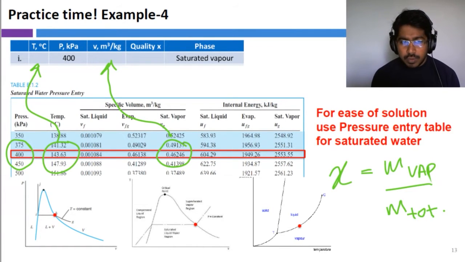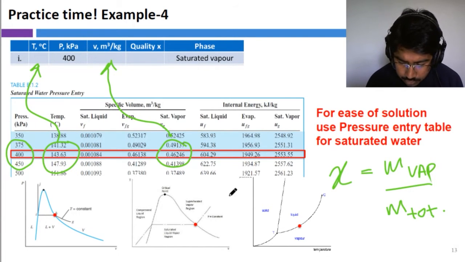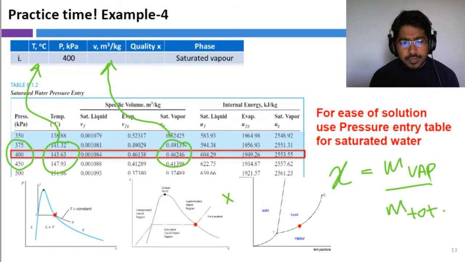Okay, so in this case it's important to note, let's assume that our data point was in the superheated region, as I'm just marking by the x, right? If it is in the superheated region, what do we say about quality?